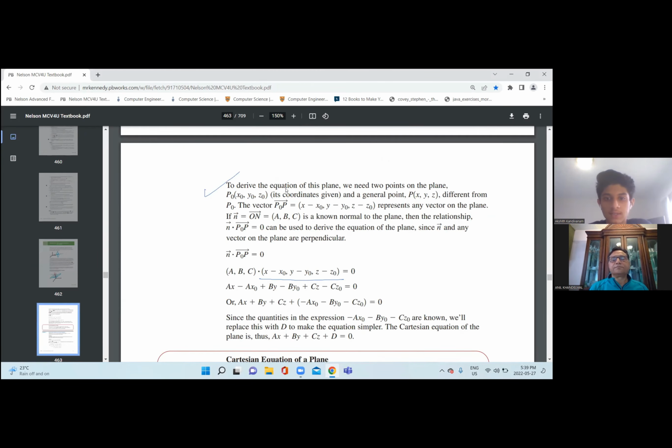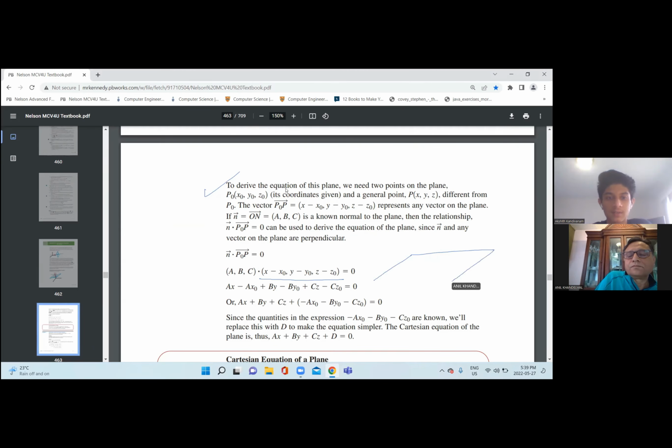P0, its coordinates given, and the general point P, different from P0. The vector P0P is equal to x minus x0, y minus y0, and z minus z0. It represents any vector on the plane. If vector n has coordinates a, b, c, and is a known normal to the plane, then the relationship n dot P0P is equal to 0.